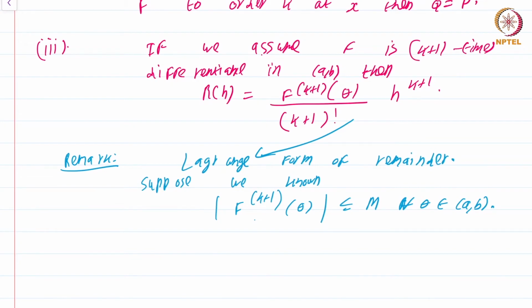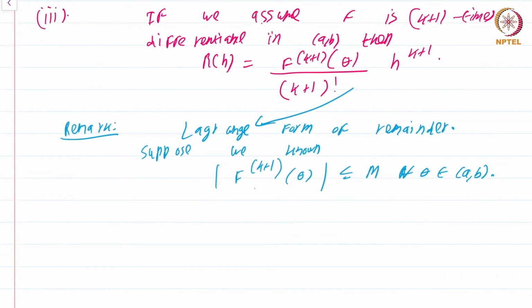So if you are considering the sine function, no matter what derivative you take, it's always going to be modulus less than or equal to 1. Right? So in many functions, we do know such data about any derivative. So we have mod f of k plus 1 theta is less than or equal to m when theta comes from AB. So modulus of R of h is going to be less than or equal to m by k plus 1 factorial times mod h power k plus 1.